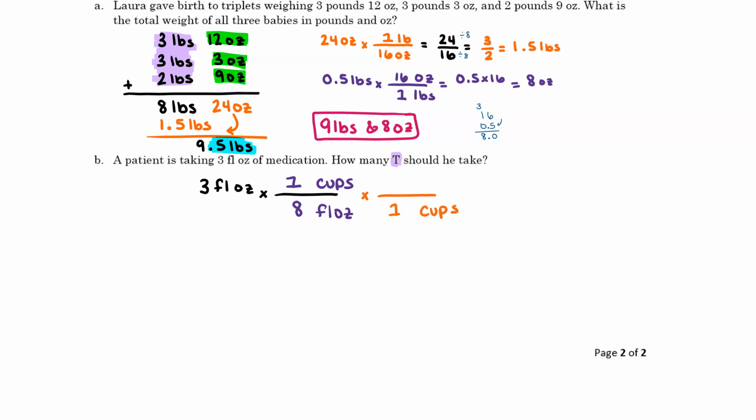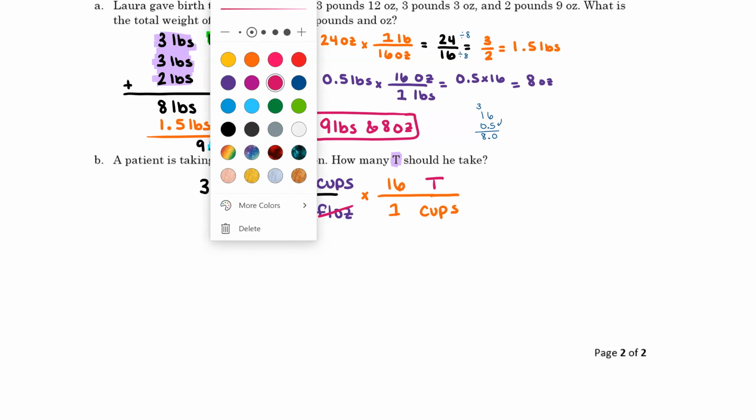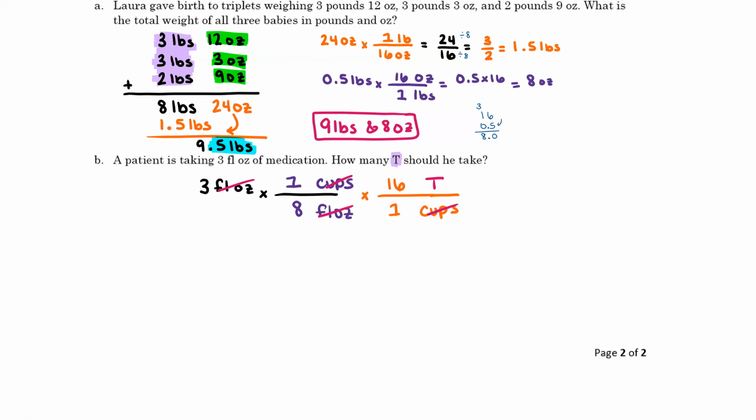And we had that 1 cup is equal to 16 tablespoons, capital T. So that's perfect because now fluid ounces cancels on top and bottom, and then cups cancels on top and bottom. And the only unit left is this capital T for tablespoons.